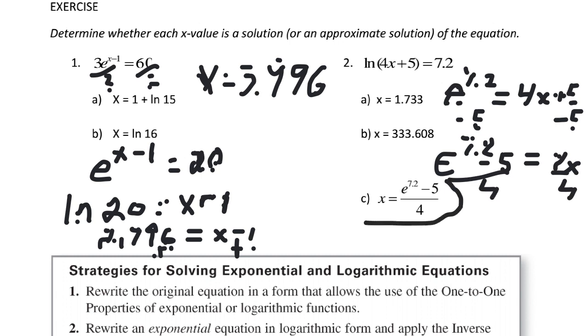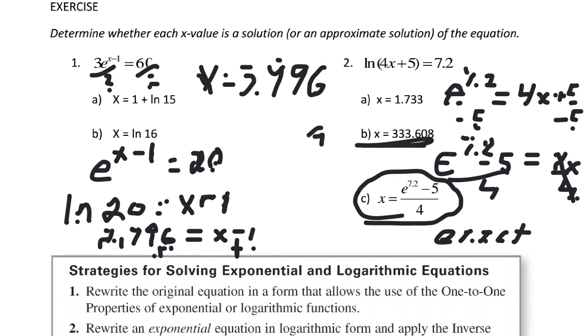And I can see that I have an answer right here, x equals that. So this is exact. But if you take this and put it in your calculator, you end up getting a rounded off answer. So this is approximate. Again, stuff we're not going to do, but I wanted you to take a look at.